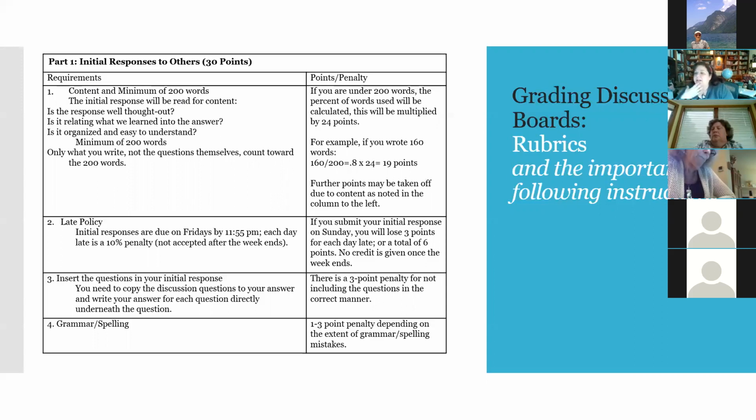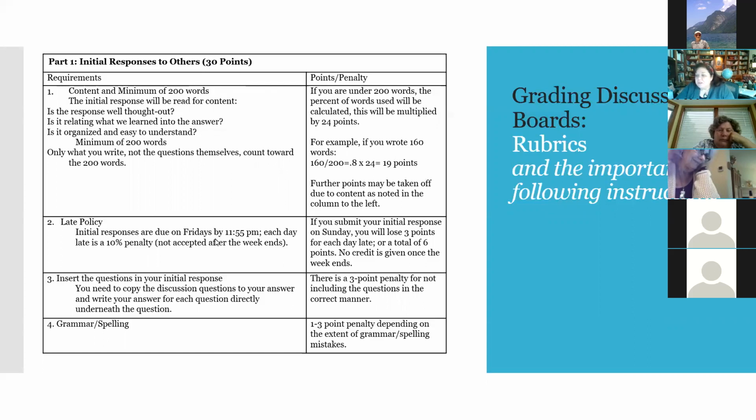I've tried doing less than 200, and I just don't get as good stuff. So you need 200 words. If you only did 160, 24 out of the 30 points for this part, you'd only get 19 of the points. It's just a slice right off the top.